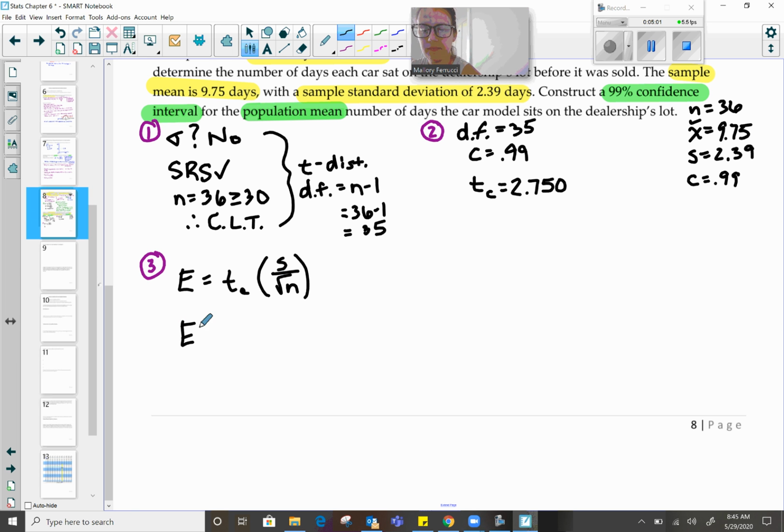So E is 2.750 times 2.39 divided by the square root of 36.